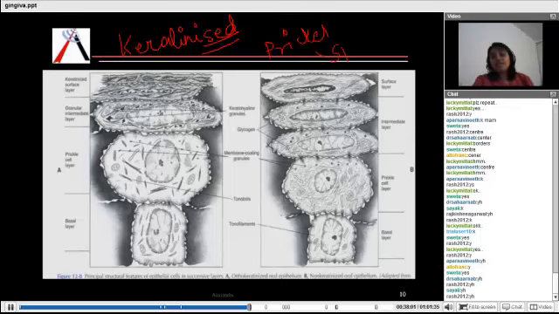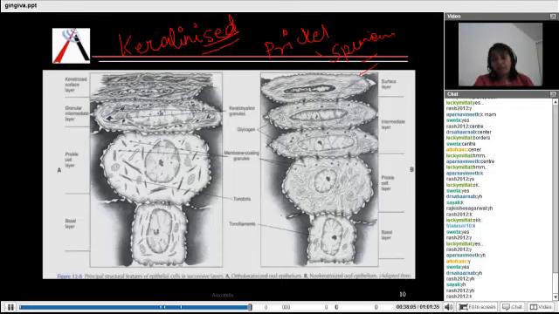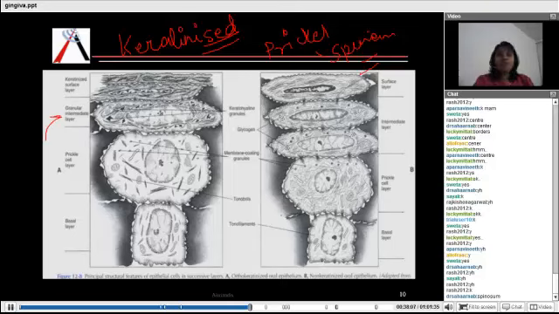We do not say corneum, because corneum is present only in skin. When we talk about the oral mucosa or inside the body, we do not call it directly the corneum. Let me just think, give me a second. I think we do call it corneum.